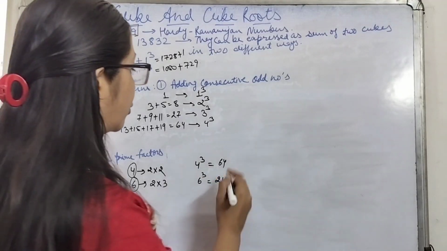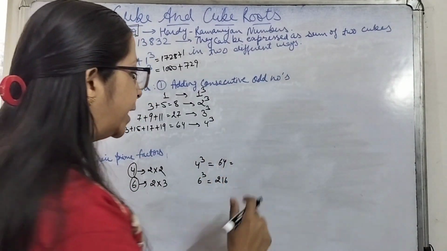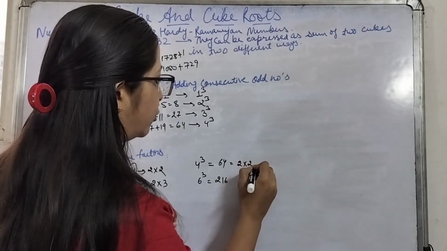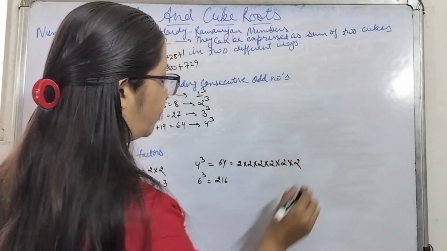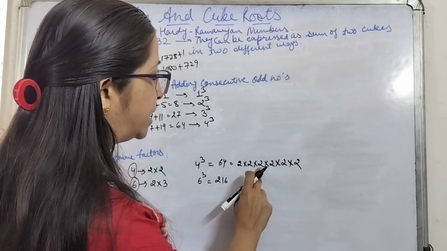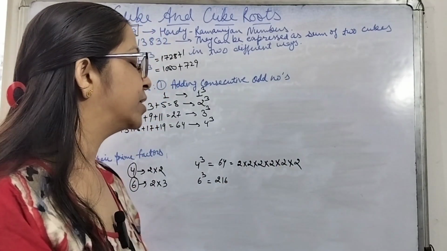If we do the prime factorization of 64, it will be 2 multiplied by 2 multiplied by 2 multiplied by 2 multiplied by 2 multiplied by 2. 2 2s are 4, 4 2s are 8, 8 2s are 16, 16 2s are 32 and 32's 2s are 64.